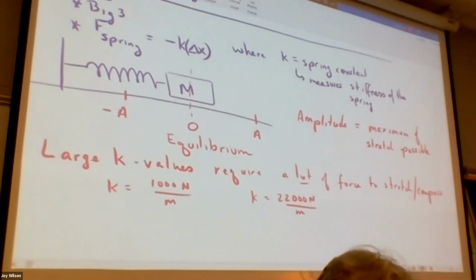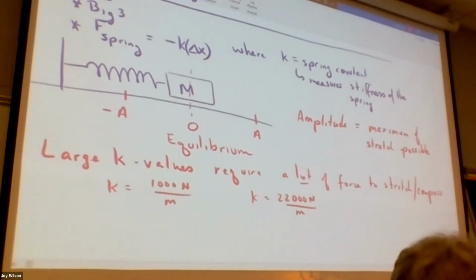So what does that tell me? Well, to put it in English units, because I know most of us are better with the British imperial system that we live under as far as our unit measures, a K value of 1,000 newtons per meter would be about equivalent to 2,000 pounds per meter.